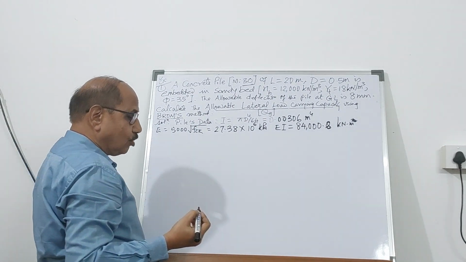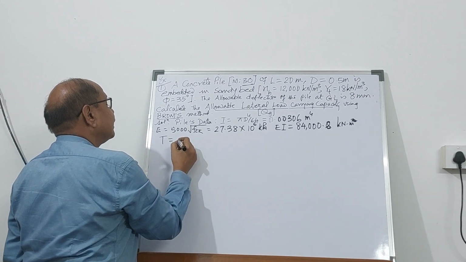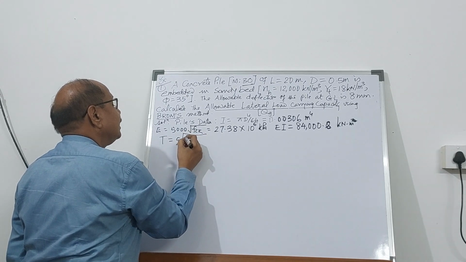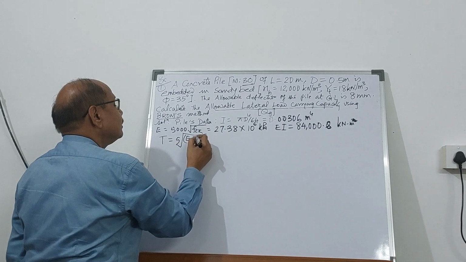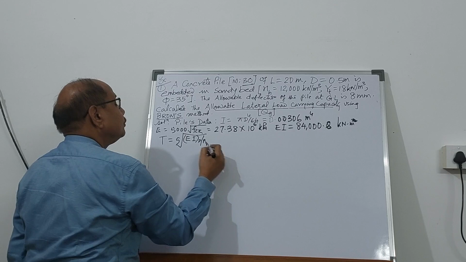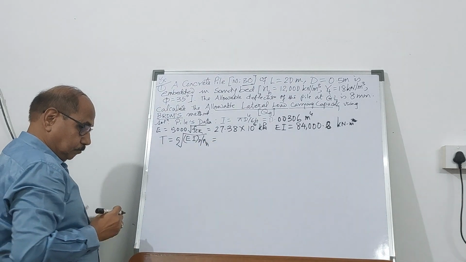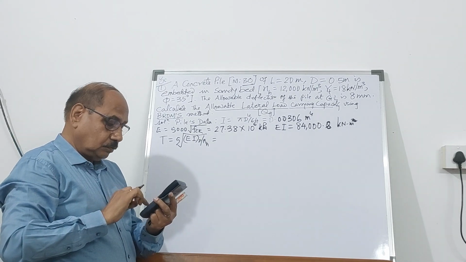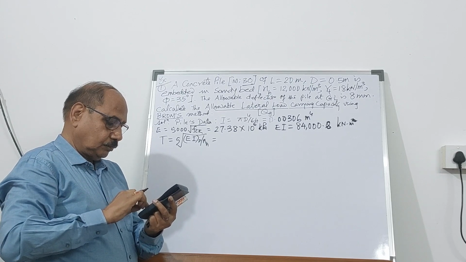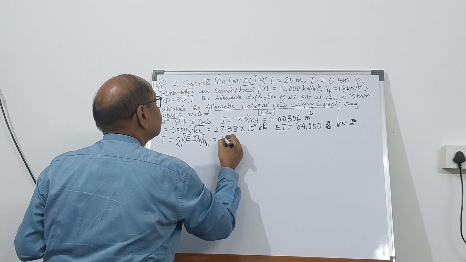Therefore, you can now calculate the relative stiffness factor, which is given as the fifth root of EI for the pile material divided by NH. If you calculate it, this gives you 1.475 meter.